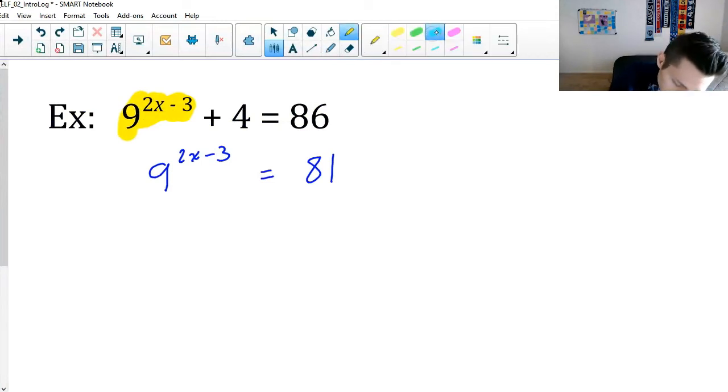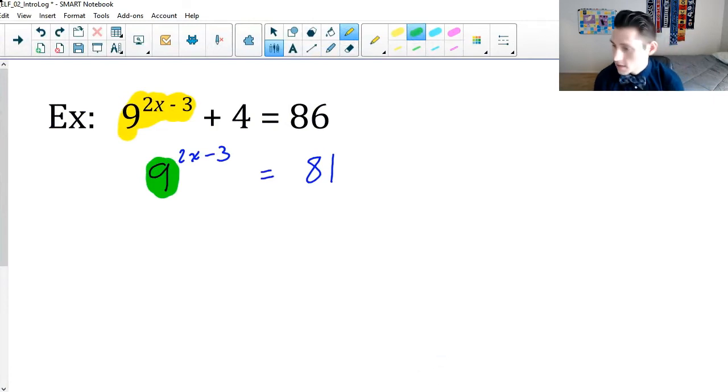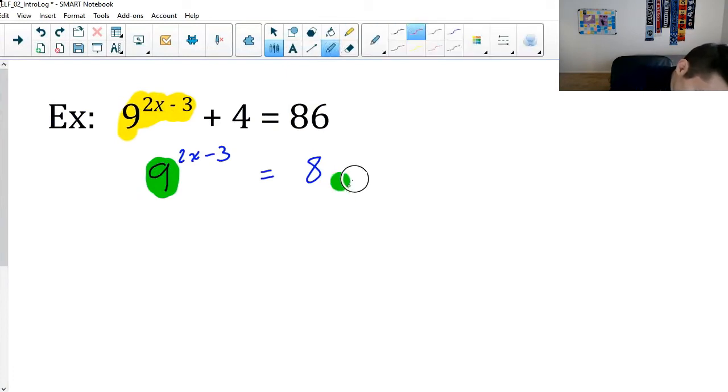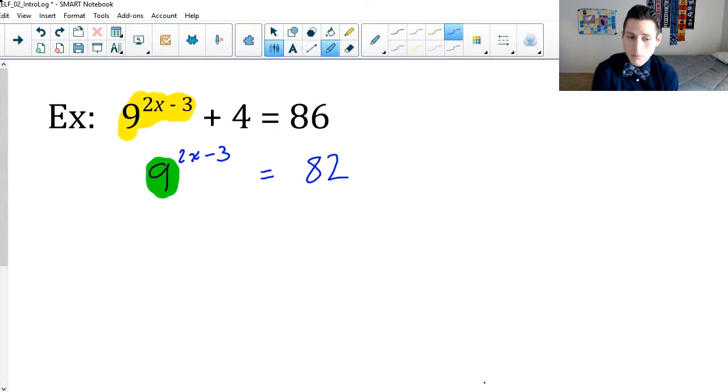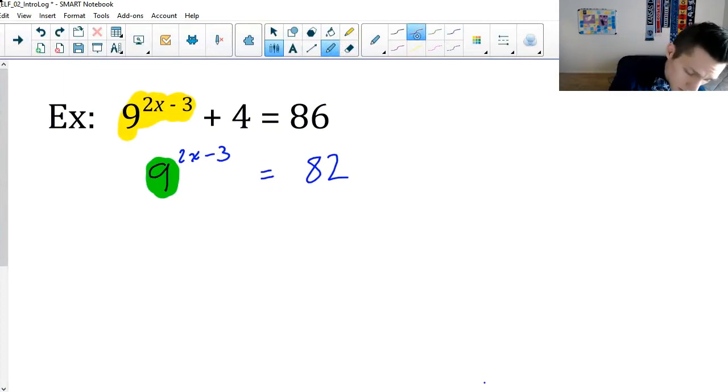But now, since I have a base 9 exponential, in order to get rid of the exponential, I need a logarithm.